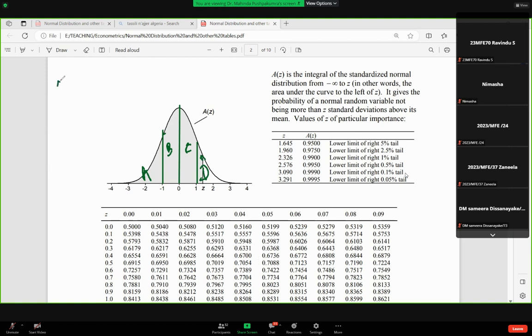Yes, then you have to find the probability value for A, value for B, value of C, value of B.